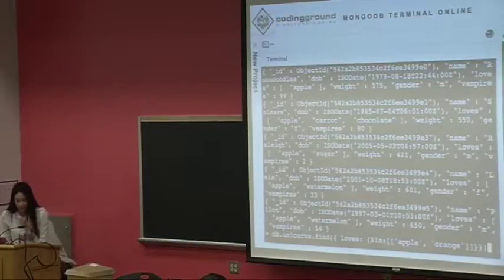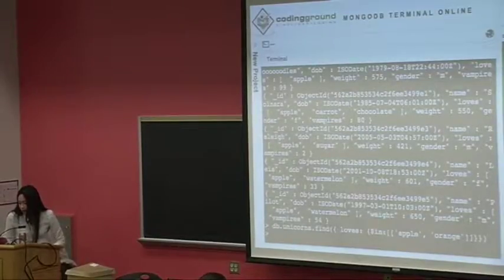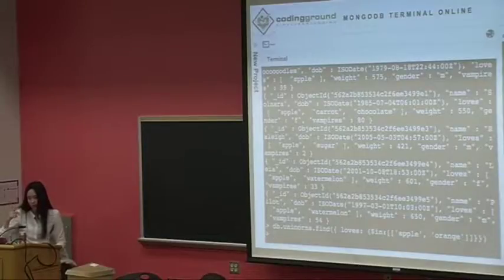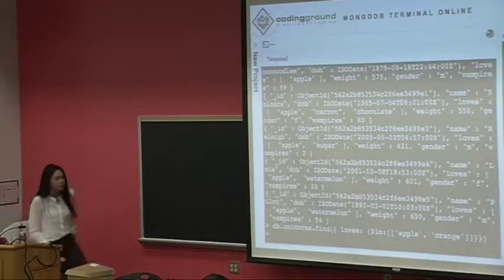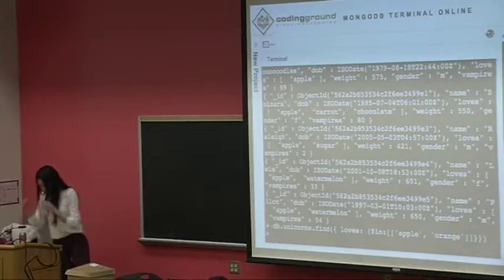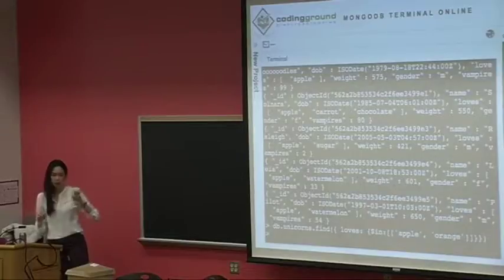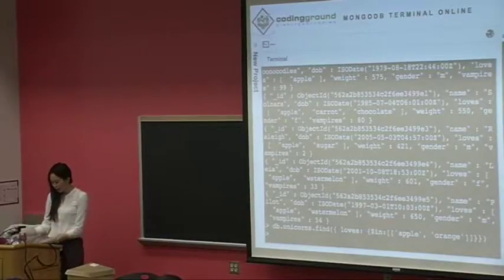Let's see. Yeah, nothing. But I think that's another way, logically. But I'm not sure whether the database has that. All right, so I'll save the fourth one for next time. Next time I will talk about different ways of querying and a lot more on that.